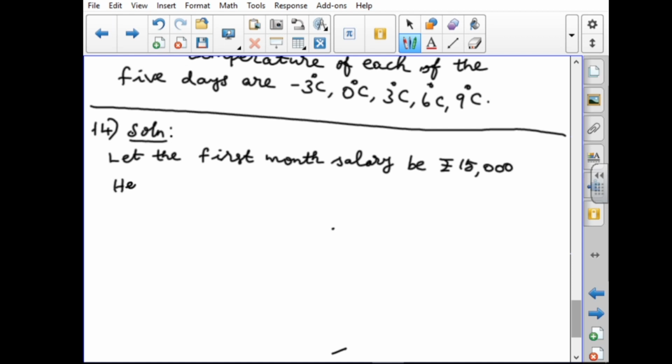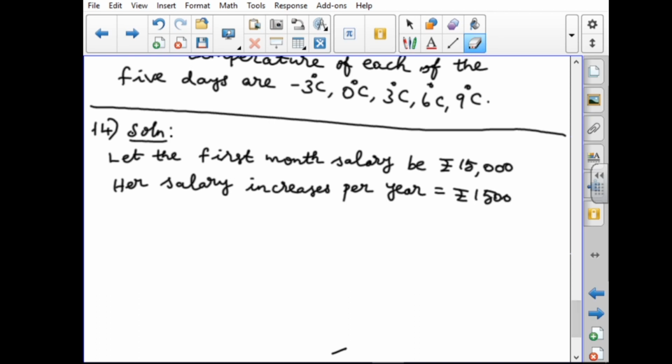Her salary increases per year by rupees 1,500. The salary is 15,000. The increment is 1,500 only.